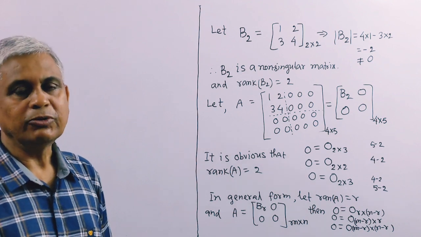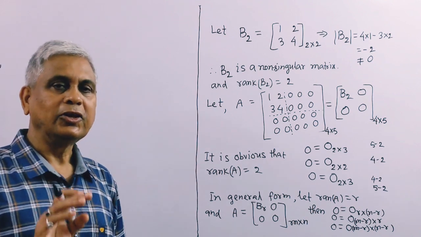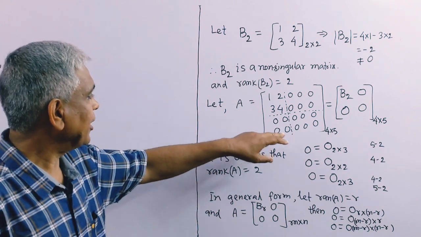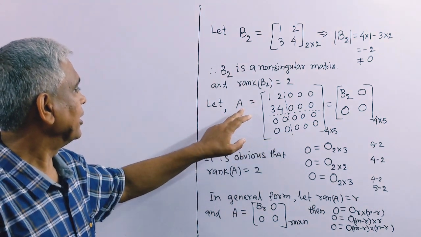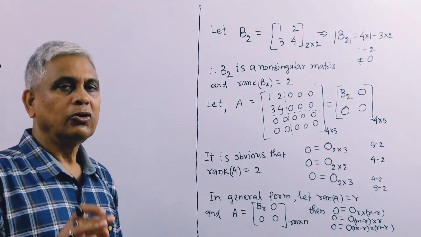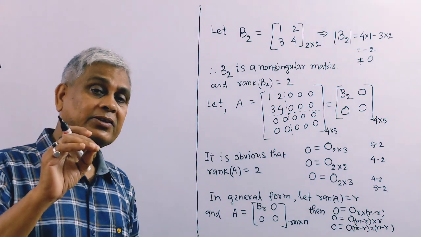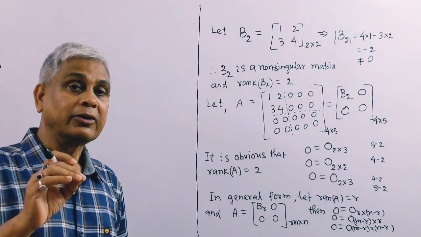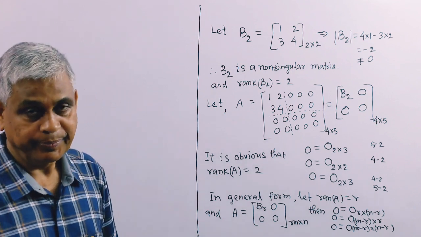Now I will show you that if we apply an elementary column transformation on A, then the matrix A will reduce to what type of form?